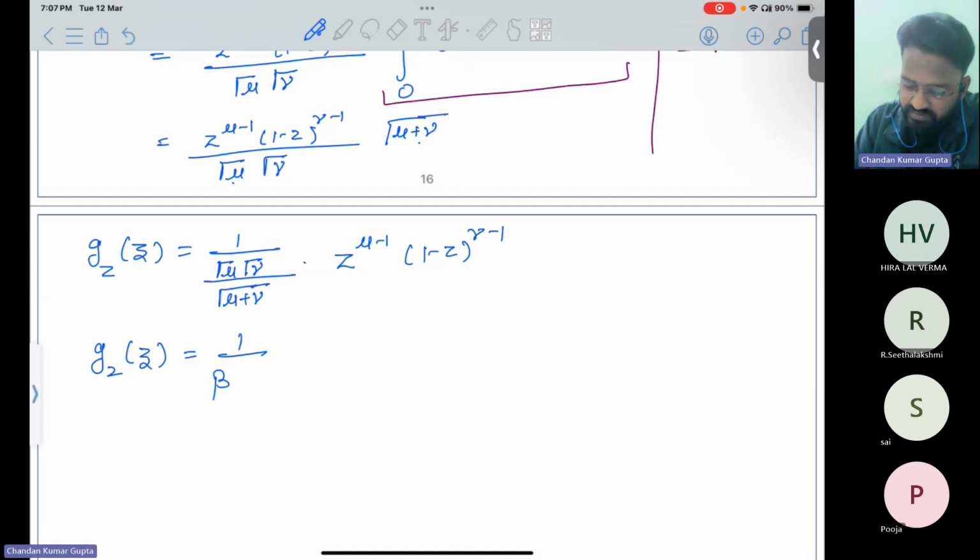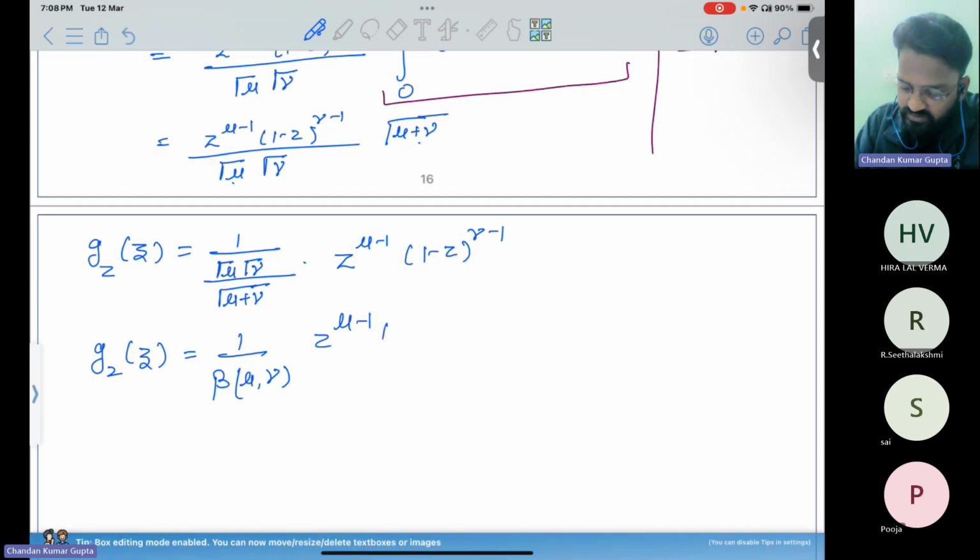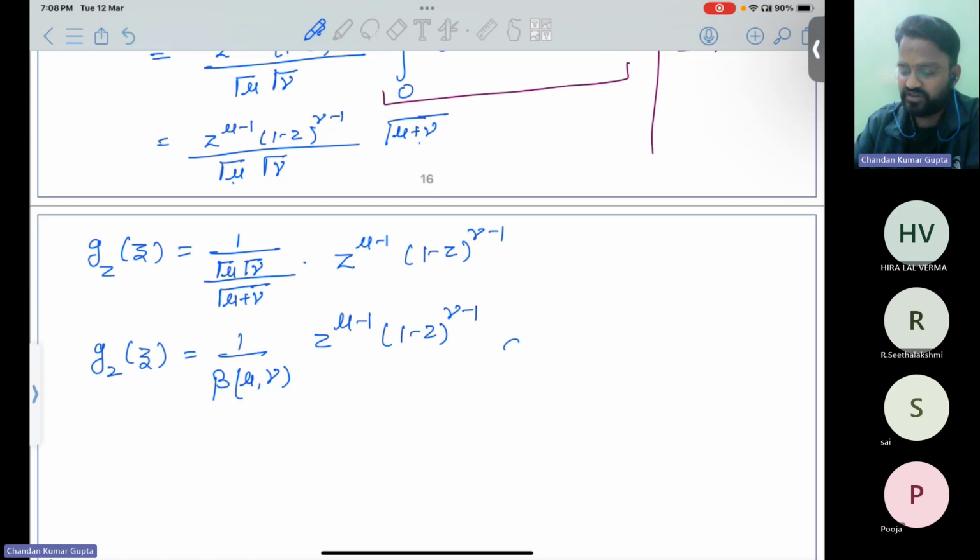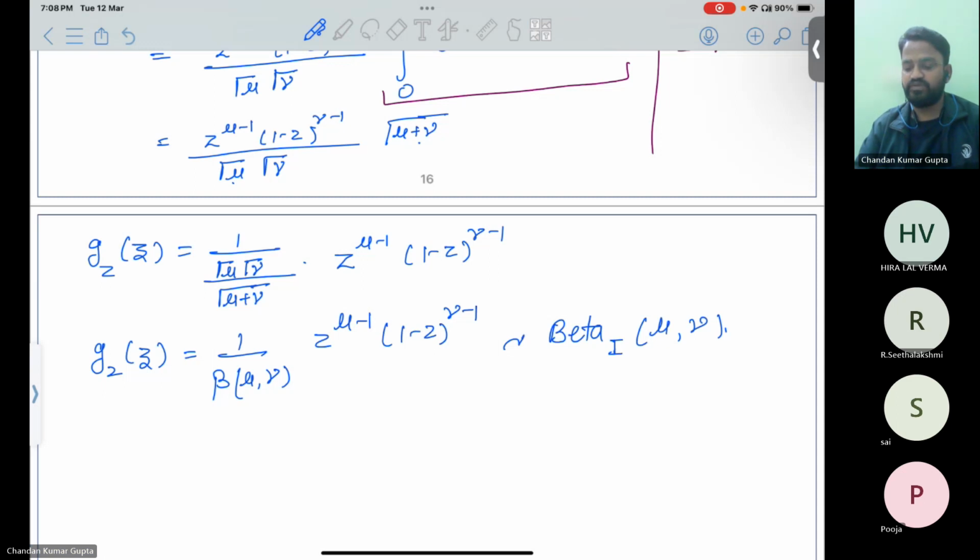Which is equal to 1 upon beta of mu, nu, times z to the power mu minus 1, 1 minus z to the power nu minus 1. This is actually the beta distribution of the first kind with parameters mu and nu.